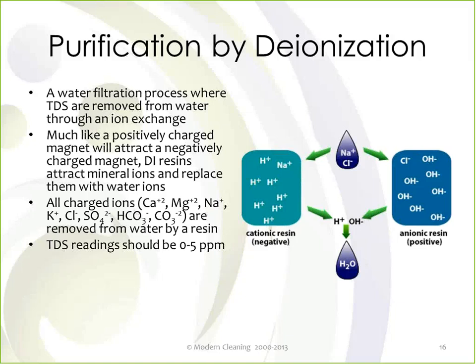You usually have 2 types of resins present in a DI filter: negative resins and positive resins, and they both attract the opposite charge when the water is flushed through the filter. And so what you get out at the end is water that doesn't have anything to bind with but itself. So you get a very pure water.